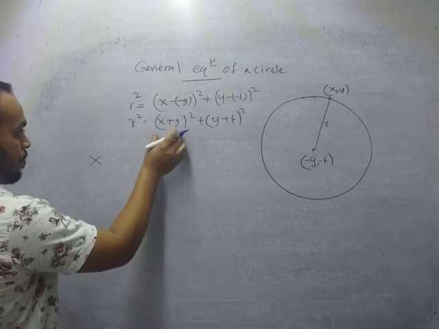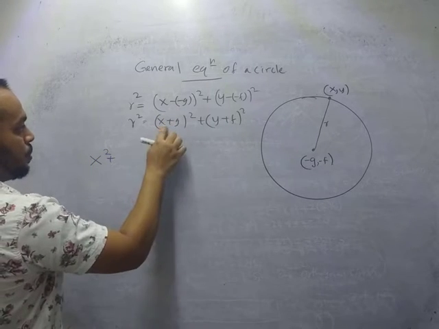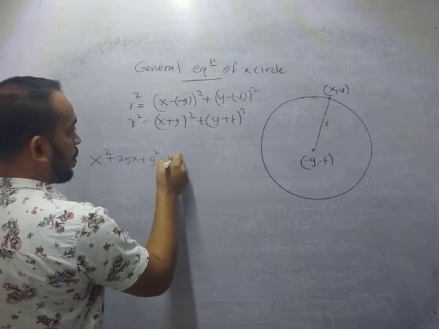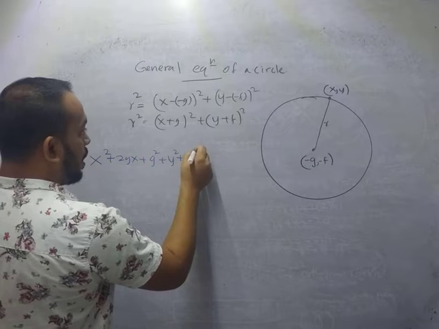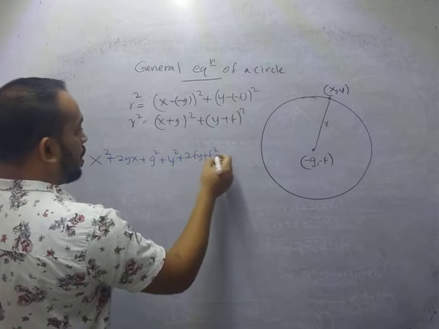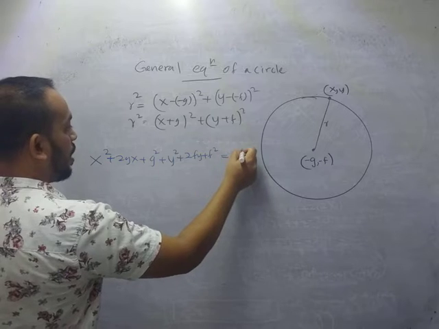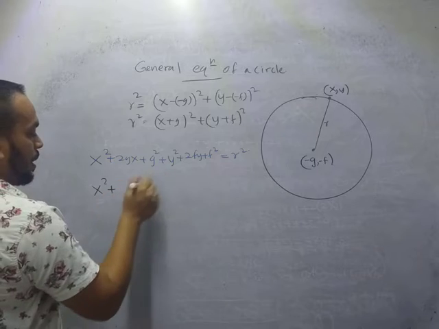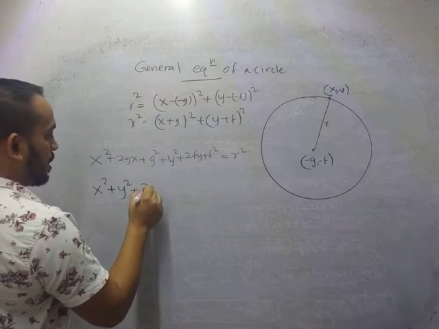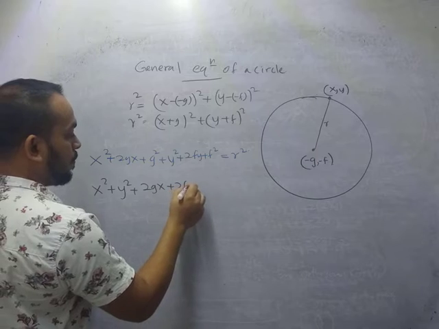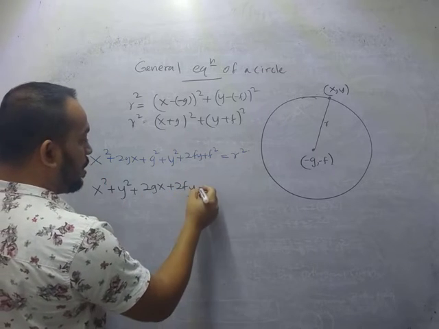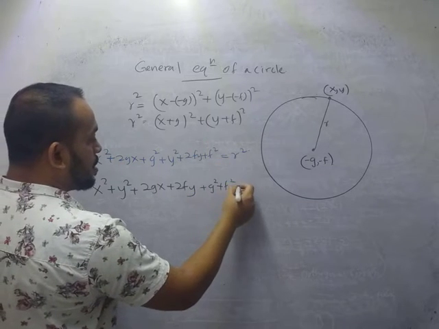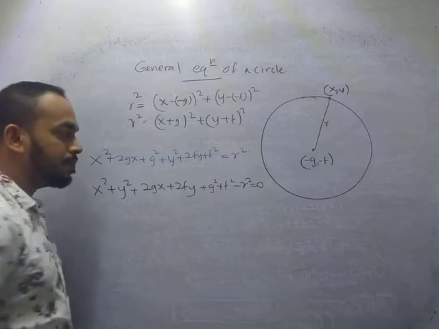When I expand the brackets: x squared plus 2gx plus g squared, then y squared plus 2fy plus f squared, equals r squared. So let me write x squared plus y squared together, then 2gx and 2fy, plus g squared plus f squared, then I bring r squared over to this side: minus r squared equals 0.